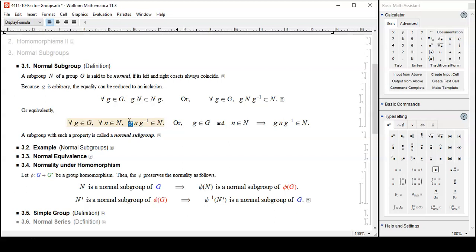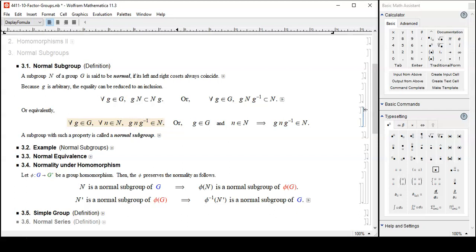So there is more chance things can go wrong. So if you take a bigger group, then the same subgroup may not be a normal subgroup of the bigger group. For a smaller group, yes, because there are fewer elements to take.